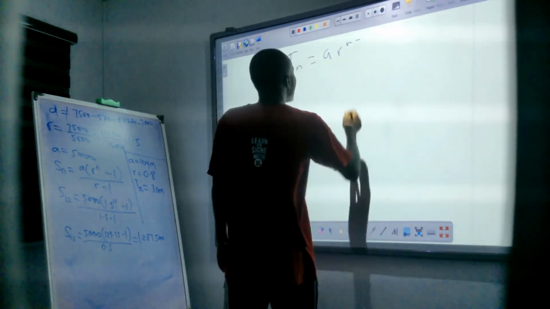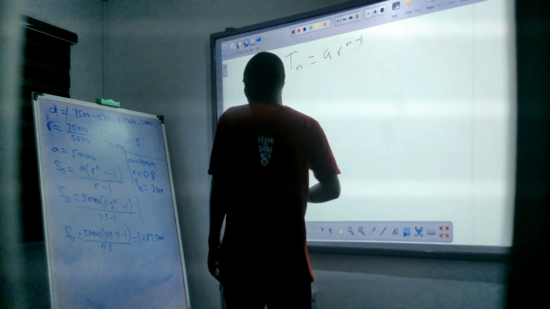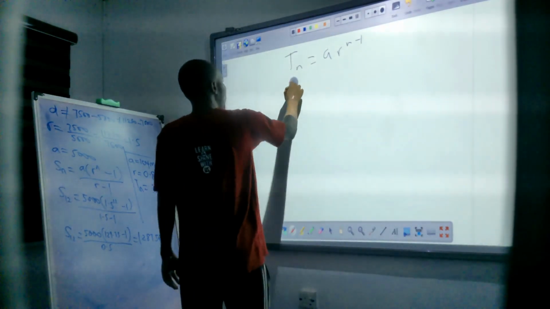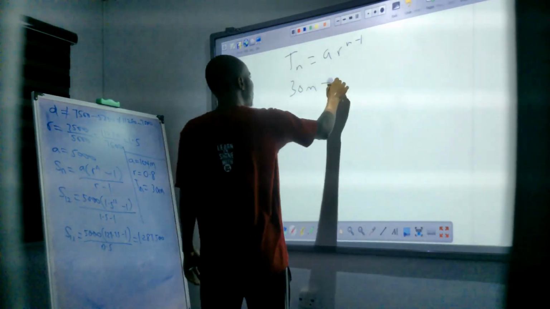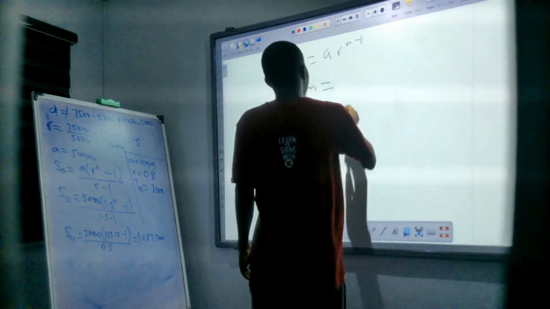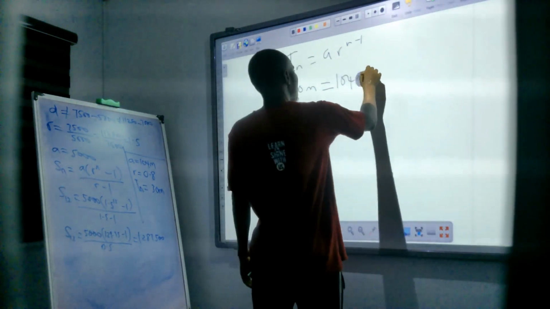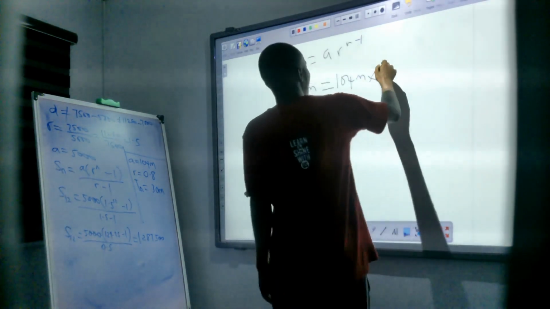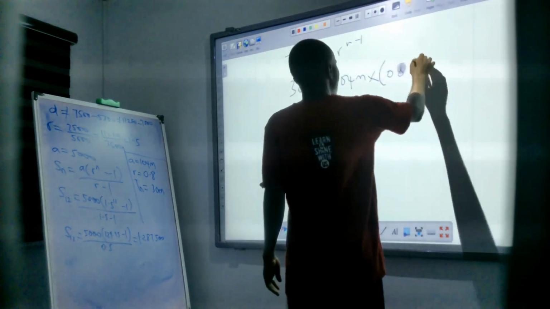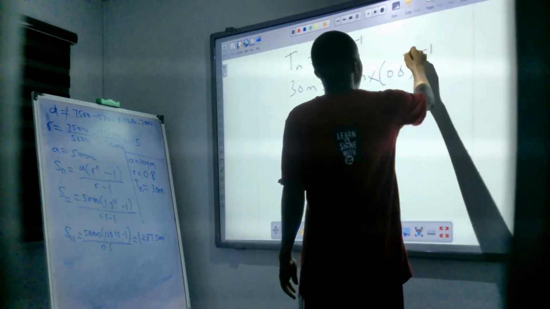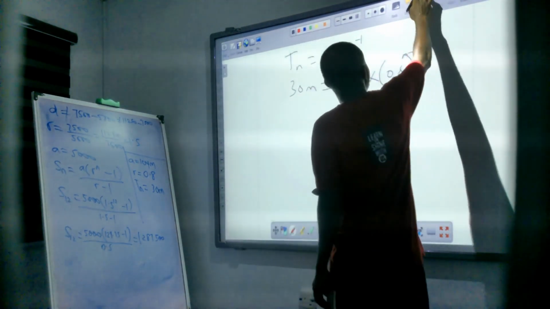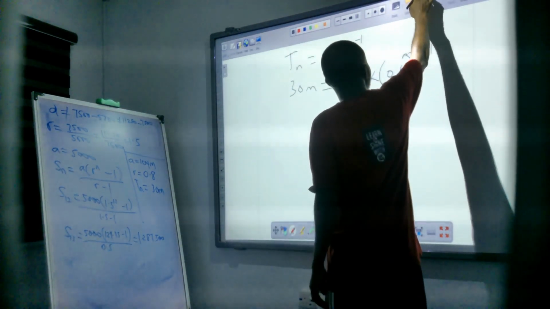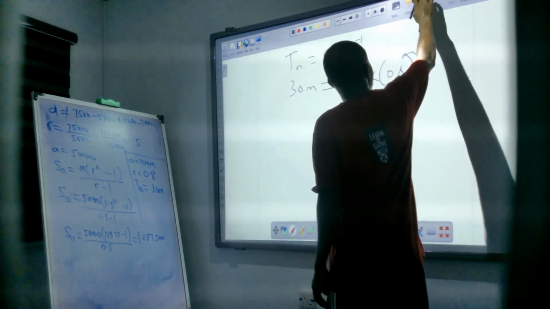We'll say our Tn normally is a times r raised to n minus 1. So my Tn in the particular term is 30 million, equal to my first term, 1.4 million, multiplied by r, my r is 0.8, raised to n minus 1. This is n.